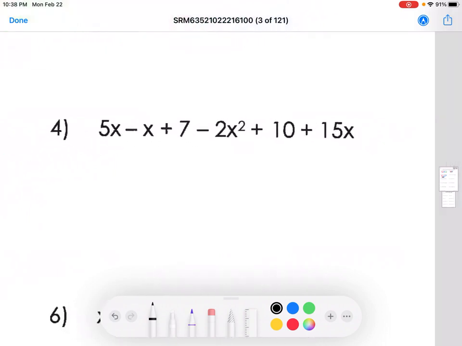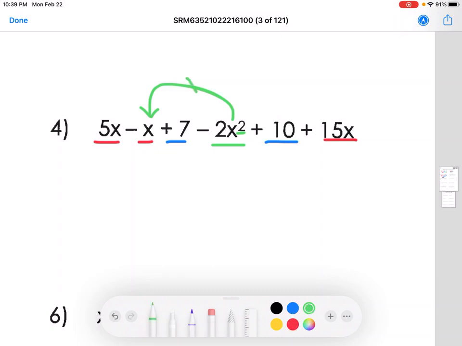Number 4. So 5 times x, 1x, and 15x, 7, and 10. And then I have a 2x squared. Because I have an exponent here, it cannot be combined with the x terms.